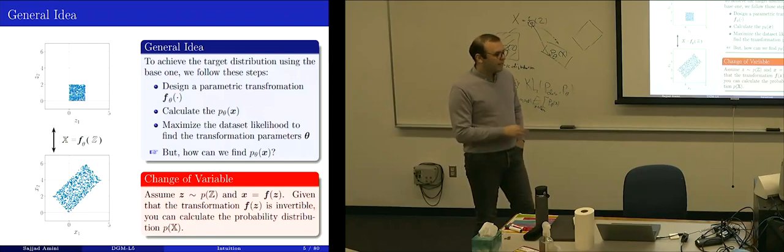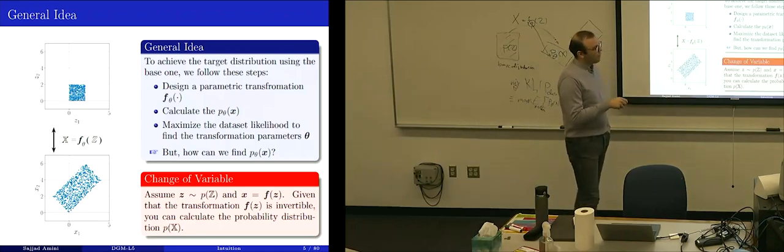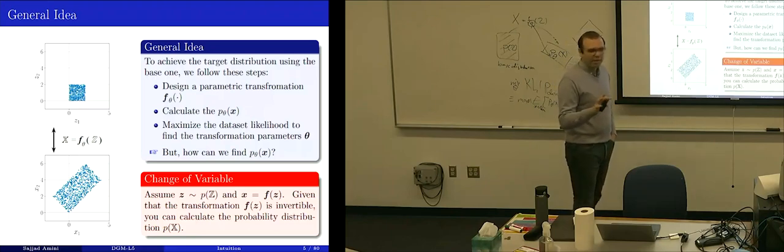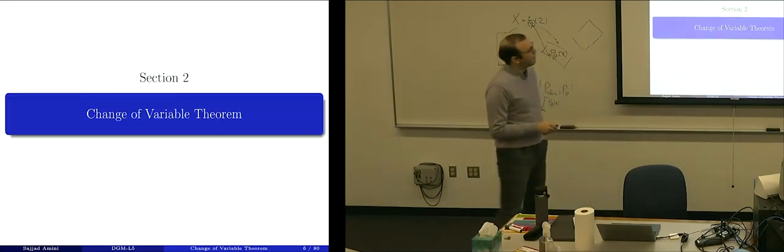But for the case of a very complex distribution, if f is not invertible, calculating p theta of x is not possible. But if it is invertible, irrespective of the dimension and the complexity, you can easily calculate p theta of x. We see how we can calculate it. Do not worry about it. Okay, so f is invertible. This is the important point.